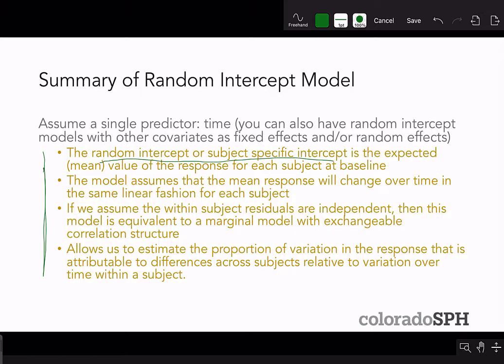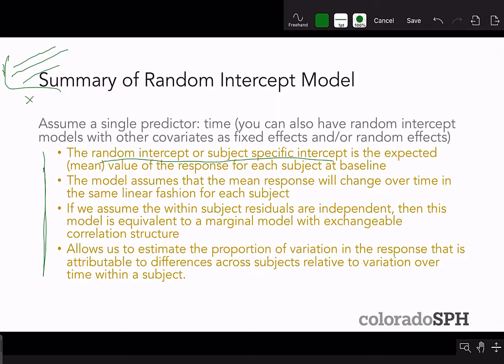The model assumes that the mean response will change over time in the same linear fashion for each subject. So if the population average relationship between the x and y is like this, then each subject has the same slope. It just is shifted up or down from the mean.